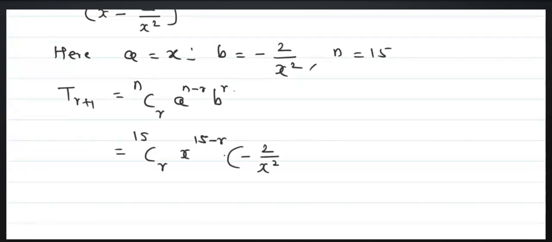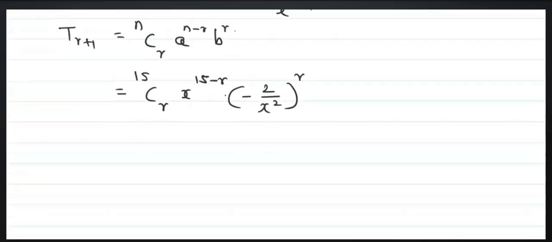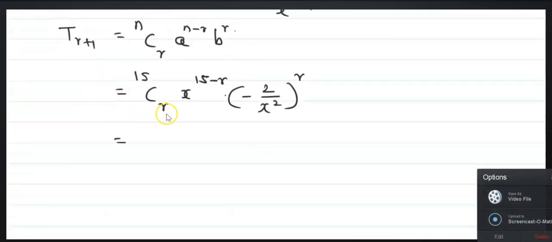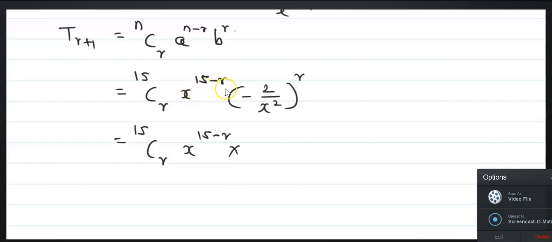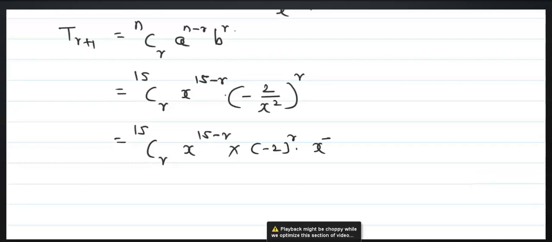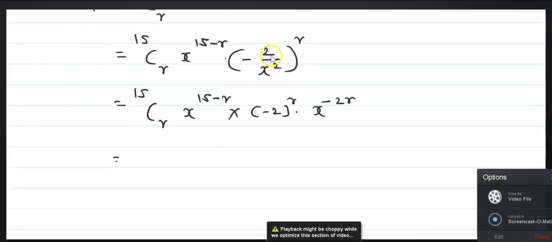Therefore, we substitute the values: 15Cr x^(15 minus r) (minus 2/x^2)^r. Now we separate the terms: (minus 2)^r. We can separate 1 upon x squared; when x squared comes to the numerator, the power becomes minus. Therefore, it becomes x^(minus 2r).